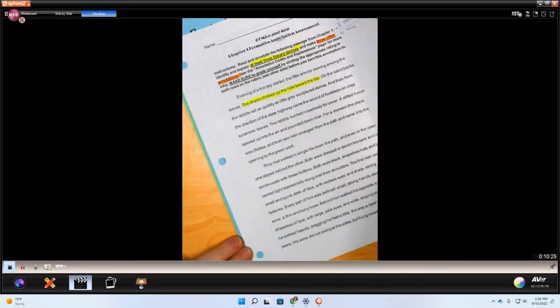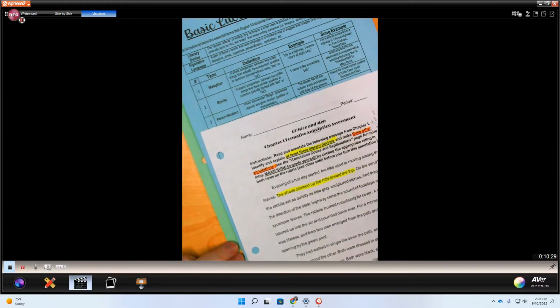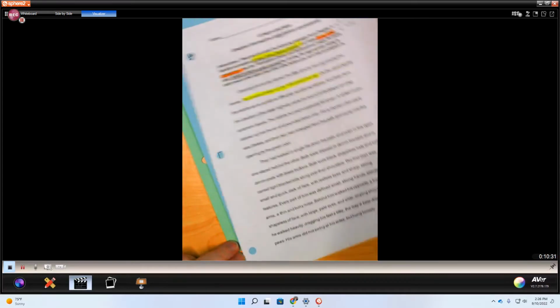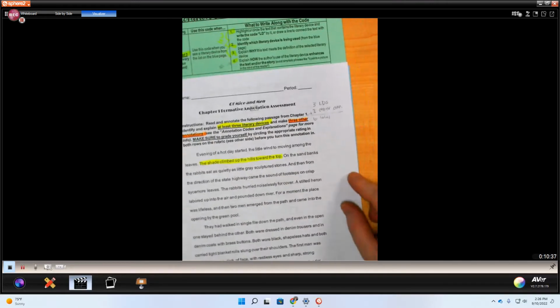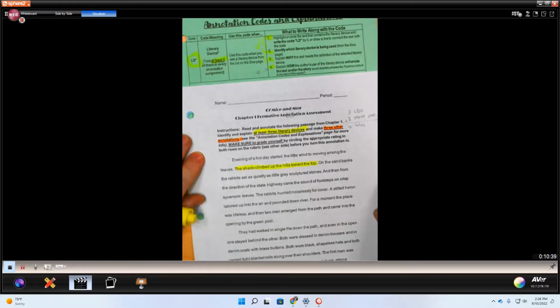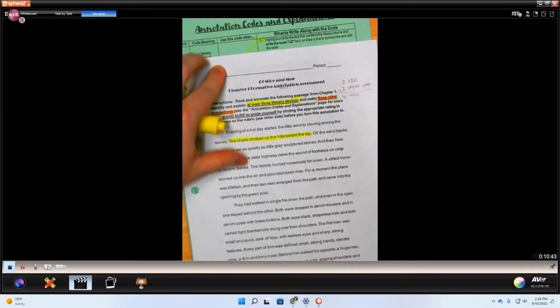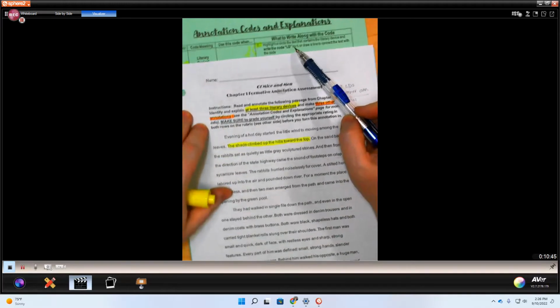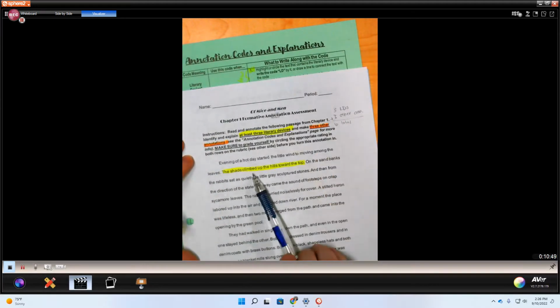I've confirmed on my literary devices list that I am looking at personification. Then I'm going to move to my green sheet and look at my list of things I need to do to get full credit on this annotation. The first thing I need to do is highlight the text that contains the literary device. I did that.